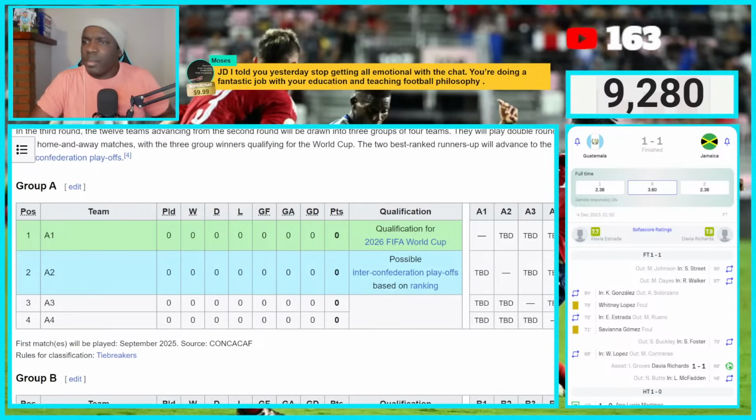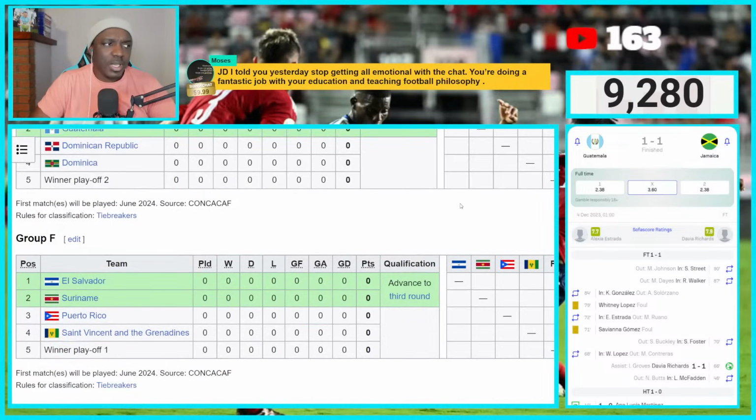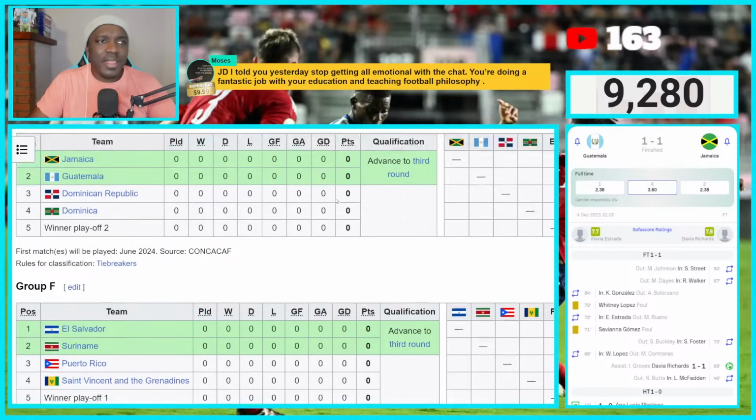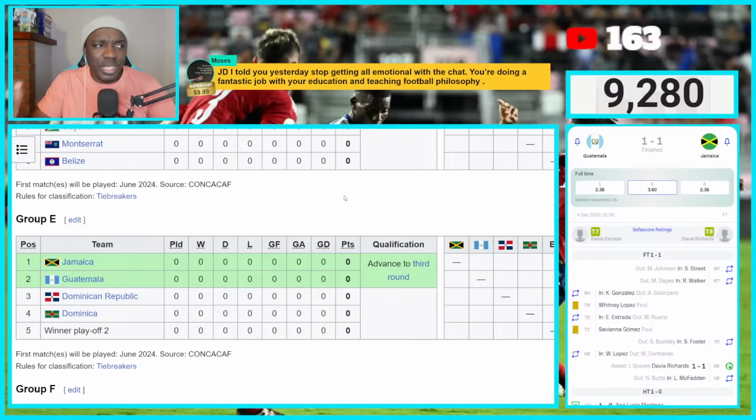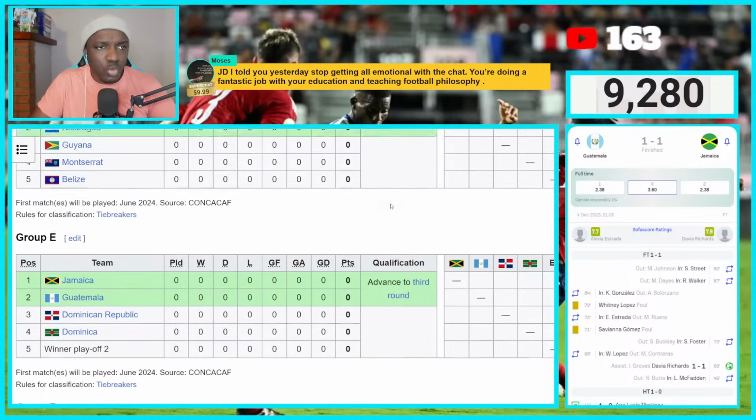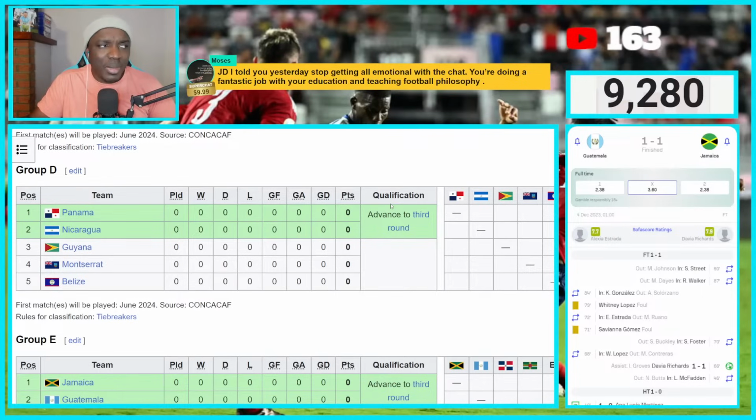All right, so let me just run through it. As we said, this is what we have right here. The groups. Group F: El Salvador, Suriname, Puerto Rico, St. Vincent, winners of playoff 1. Then Group E: Jamaica, Guatemala, Dominican Republic, Dominica, and winners of playoff 2. Then Group D: Panama, Nicaragua, Guyana, Montserrat, Belize.